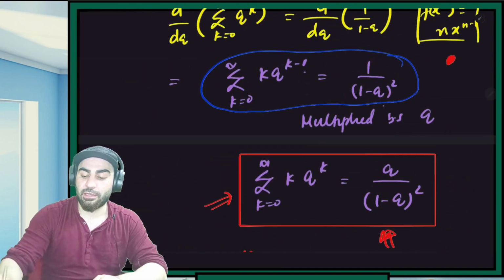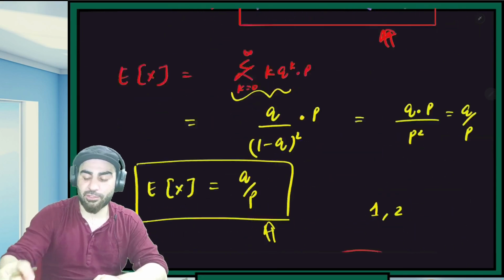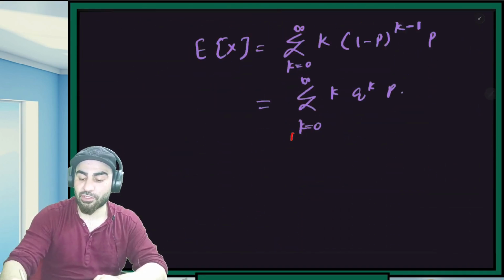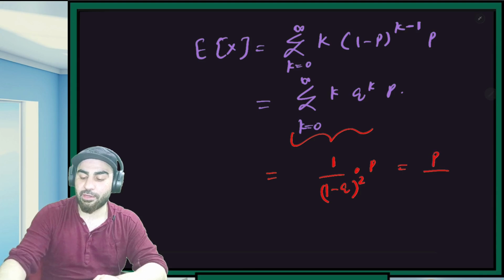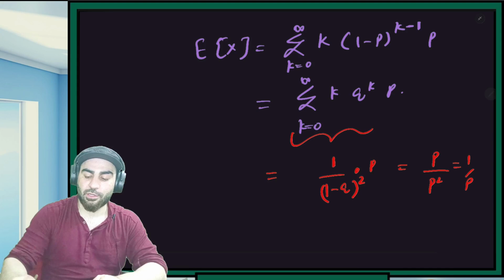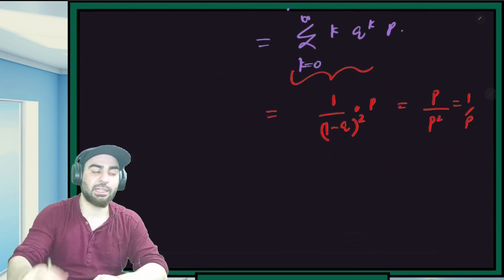So we'll get 1 divided by 1 minus q. I can substitute 1 divided by 1 minus q, multiplied by p divided by. You can do it in both ways. You can use linearity or you can use the definition.